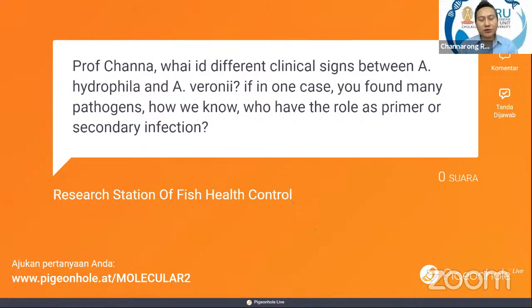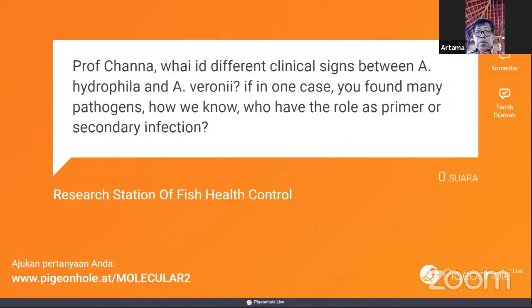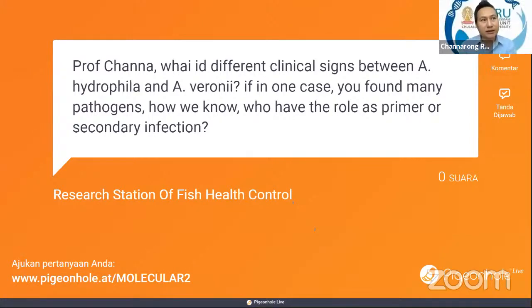If you ask about the clinical side, from my experience it's really hard to differentiate the disease infected by these two bacteria by clinical signs. The clinical signs look very similar, including patchy hemorrhage or large areas of hemorrhage around the body surface and fin, and also the internal organs of the fish.